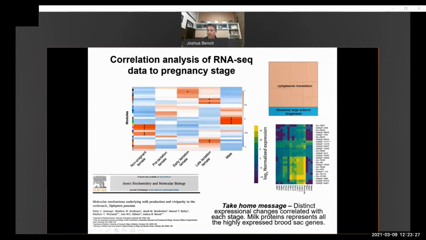A lot of them are highly expressed in the brood sac, and these represent most of the milk proteins. So similar to Glossina, they have milk proteins that represent almost all of the highly expressed proteins in the brood sac. So this allowed us to understand the molecular mechanisms of viviparity in Diploptera.